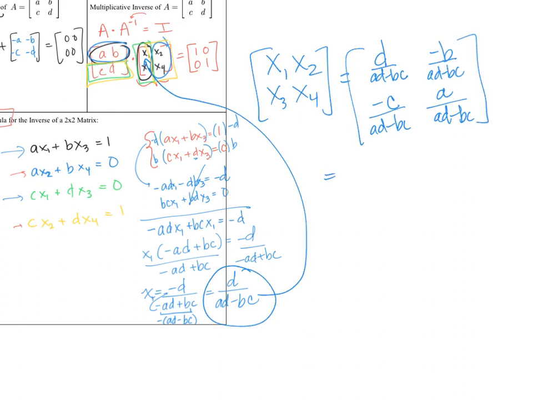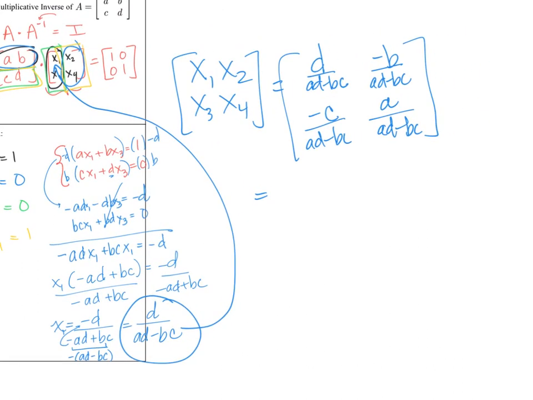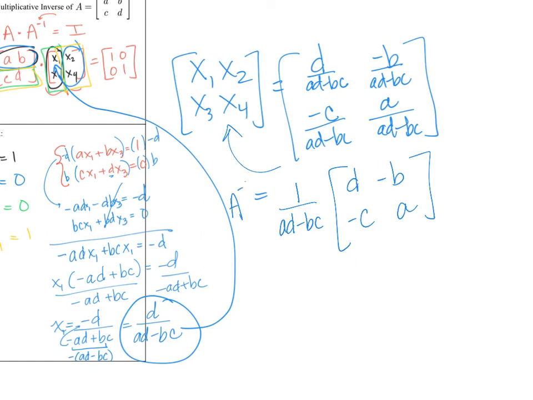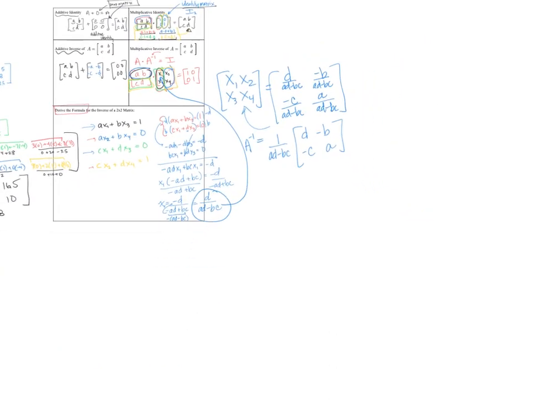But we could rewrite that by taking out the 1 over AD minus BC, and we'll have D, negative B, negative C, A. And this is another form to write a 2 by 2 inverse, given that the matrix was A, B, C, D.